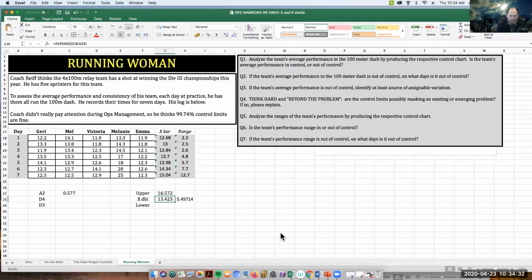And that looks right. And then I'm going to do X double bar minus the product of A2 times my R bar, which I don't know why it just disappeared. Something being funky.